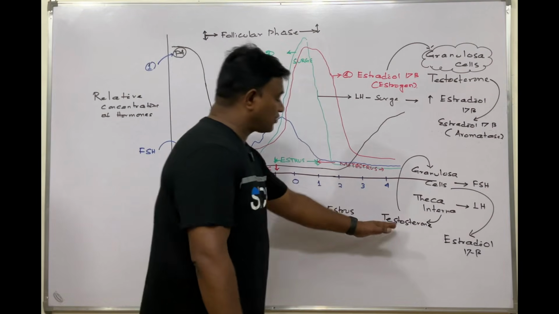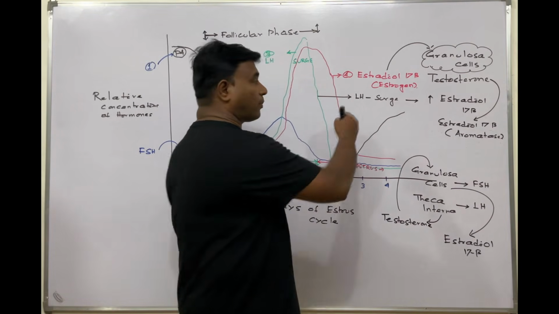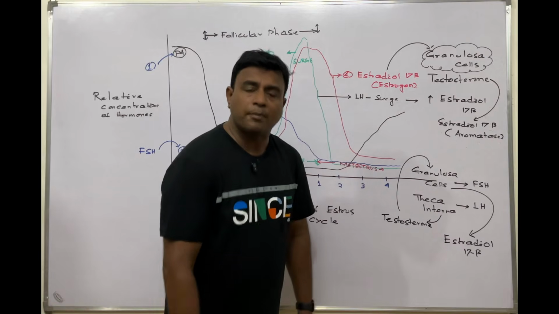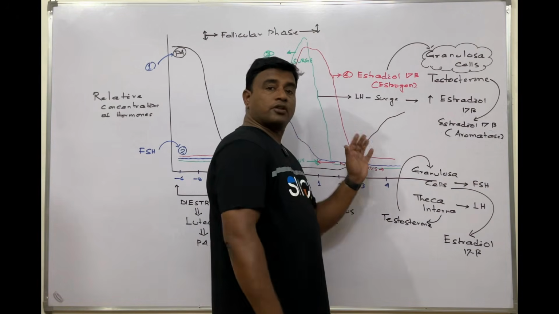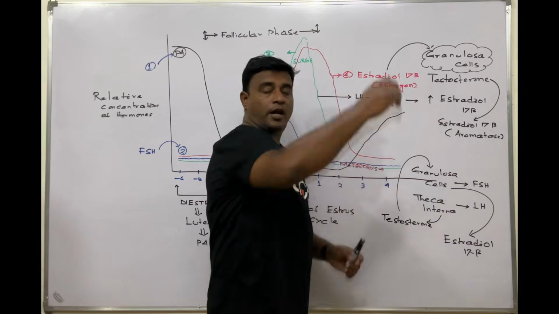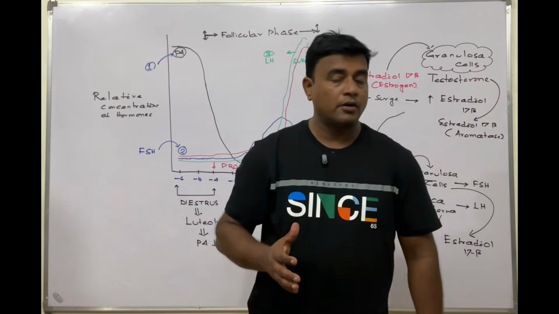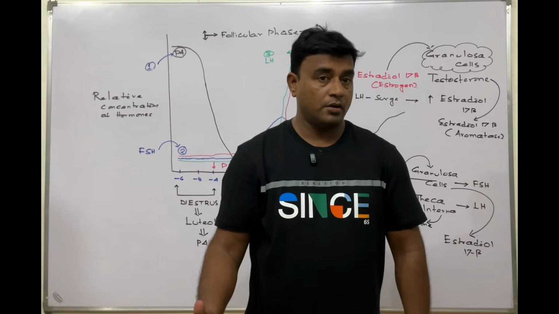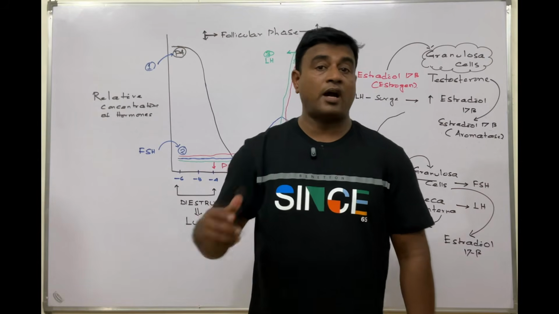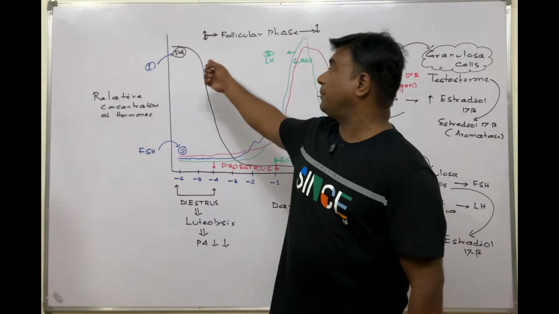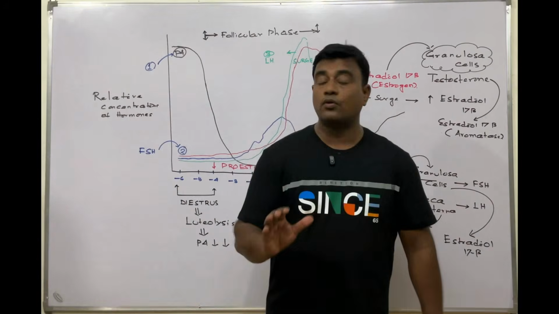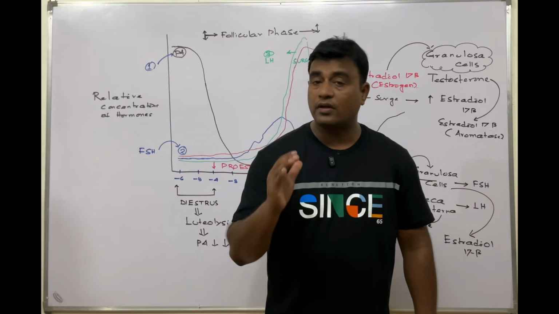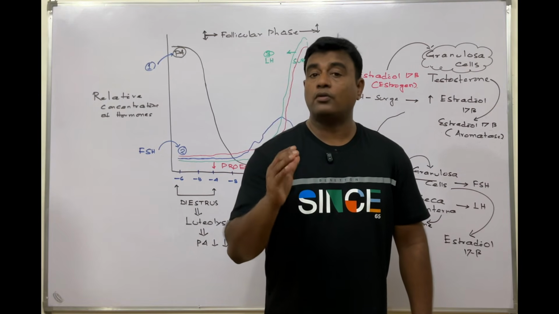And due to this progesterone, more amount of progesterone and corpus luteum progesterone, what happens? This progesterone and that progesterone will become high, and they will provide negative feedback to the hypothalamus. And once the progesterone is high during the time of metestrus and the diestrus, no follicular recruitment, no follicular selection, no follicular dominance.